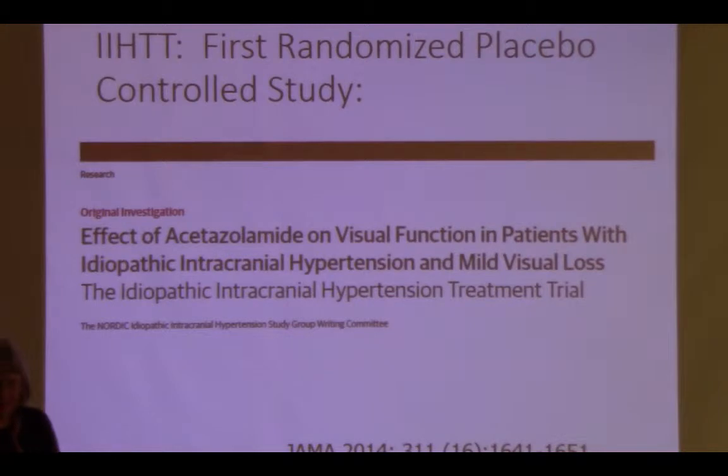Now, a lot of information we get is from research. The first big research study done in the United States for idiopathic intracranial hypertension was the Idiopathic Intracranial Hypertension Treatment Trial. It was published 4 or 5 years ago in a very reputable journal.